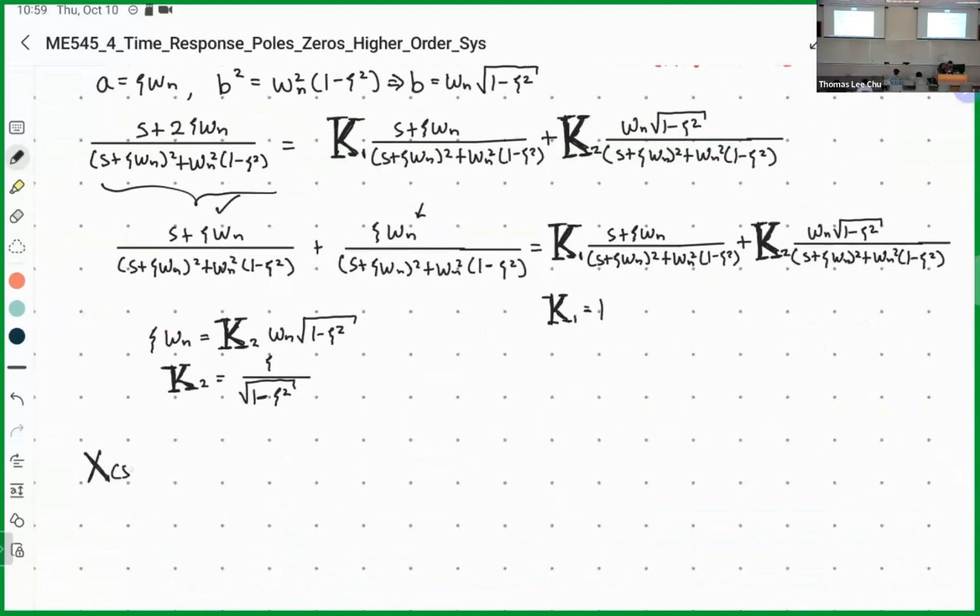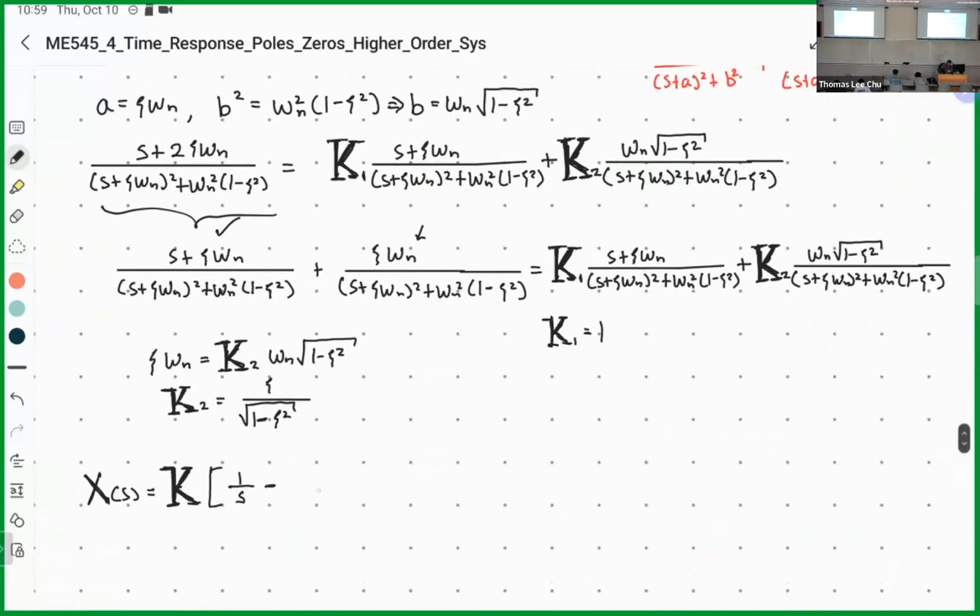X of s is equal to some constant k multiplied by k1 over s, which is 1, minus k2 s plus k3 divided by that whole term, which we can actually apply a partial fraction expansion to now.